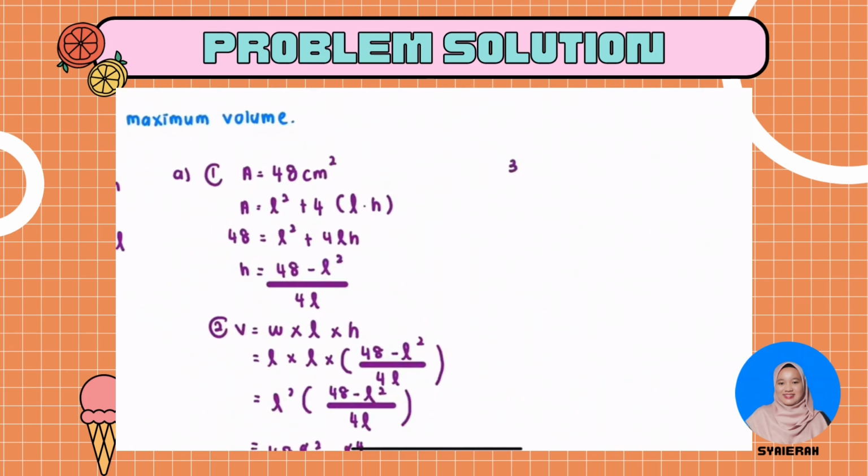Fourthly, differentiate volume in terms of L and solve the equation to get the value of L. We use dV over dL.